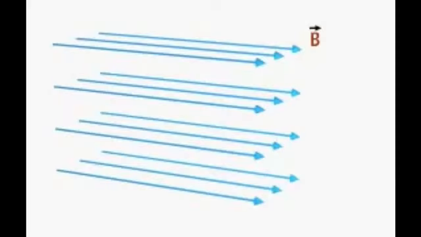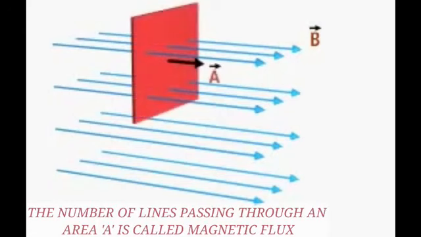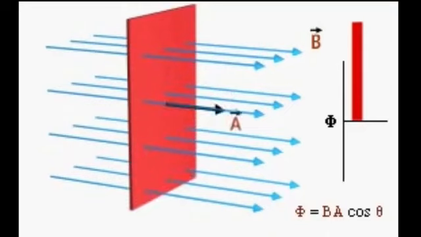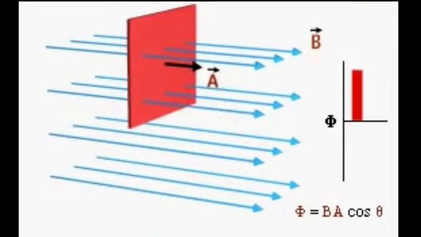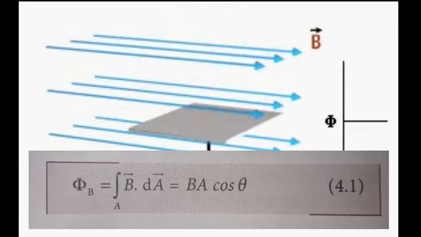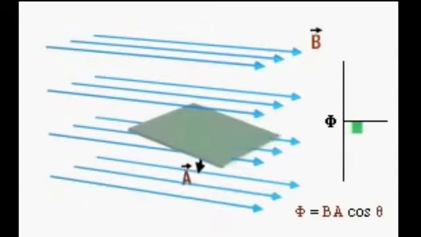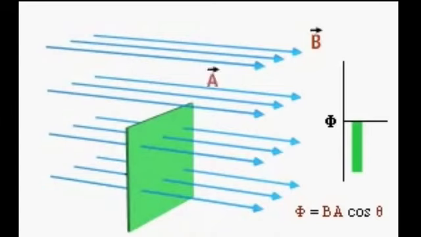Magnetic flux, phi B. The magnetic flux through an area A in a magnetic field is defined as the number of magnetic field lines passing through the area normally and is given by the equation phi B is equal to the integral of B vector dot dA vector, that is equal to BA cos theta, where the integral is taken over the area A and theta is the angle between the direction of the magnetic field and the outward normal to the area.